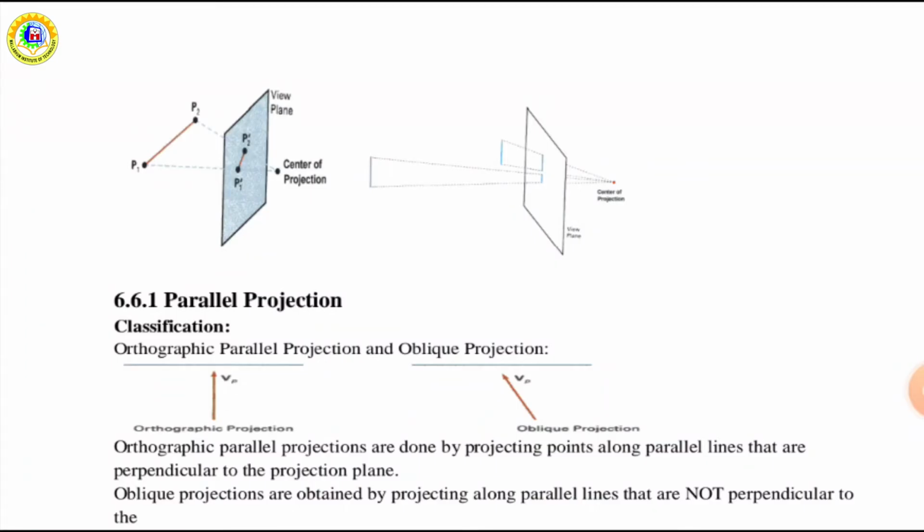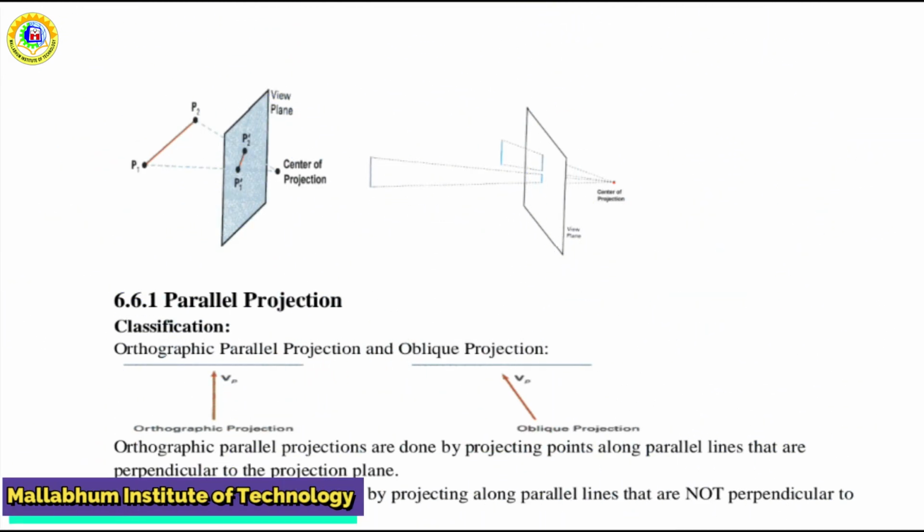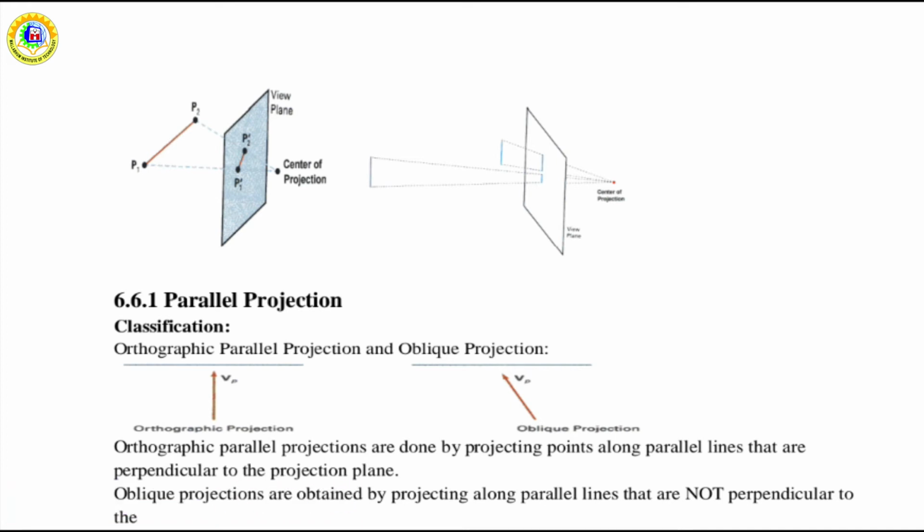As we are seeing in this figure, the same object is placed at a near and at a distant position with respect to the view plane, and the projected image of the object which is far away from the projection plane is smaller, and the projected image of the object which is nearer to the view plane is larger than the first one.